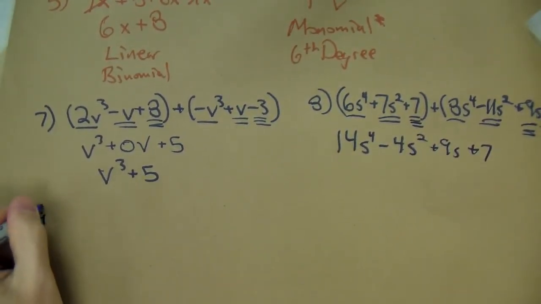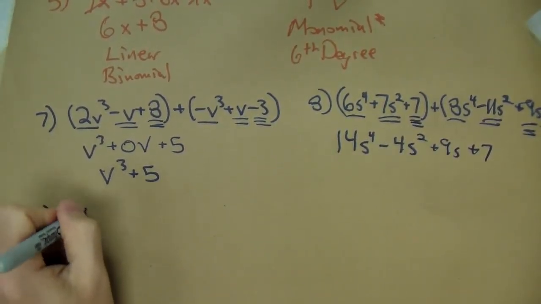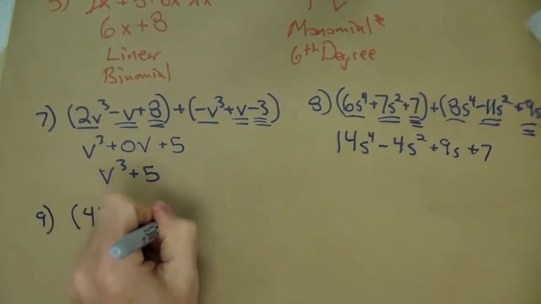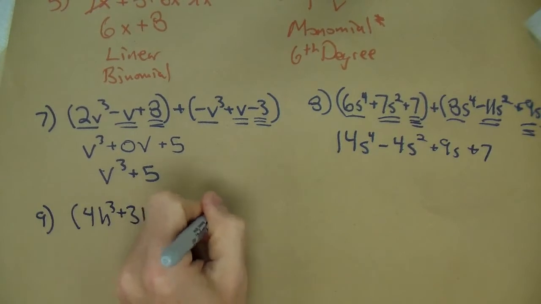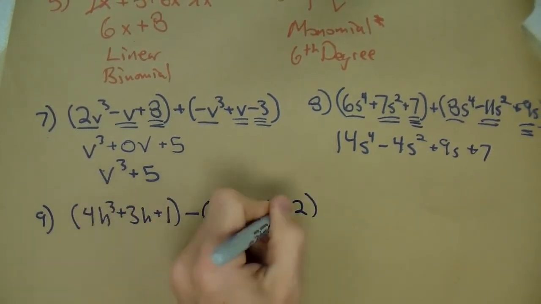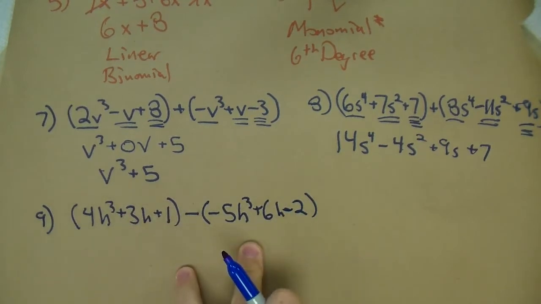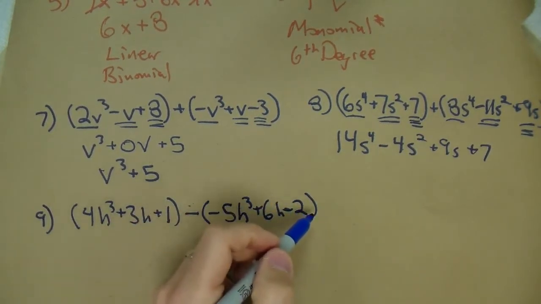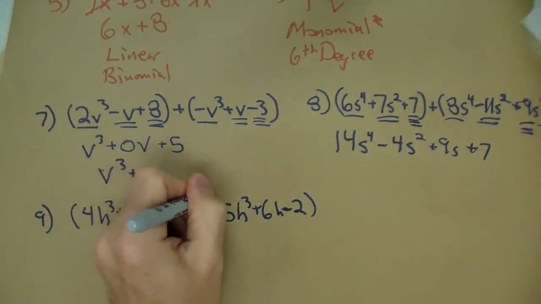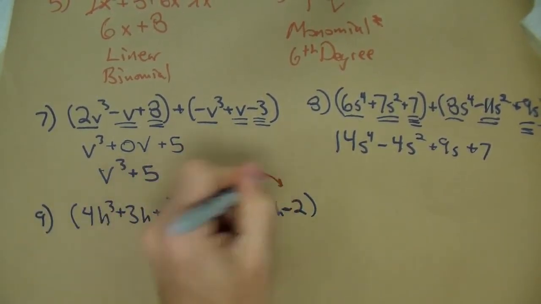For number 9, we're going to do 4h to the third plus 3h plus 1 minus negative 5h to the third plus 6h minus 2. Now when you subtract with polynomials, I would suggest distributing out this negative. So I'm going to distribute out, and that's taking the negative and applying it to all of the terms on the inside.